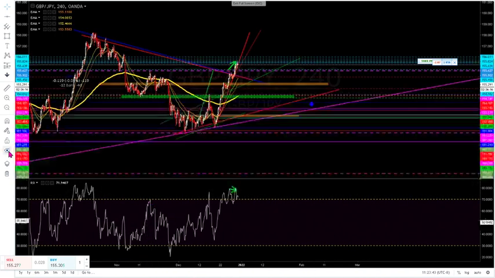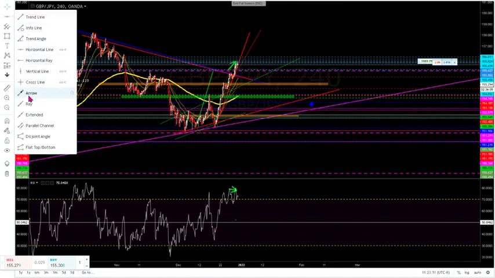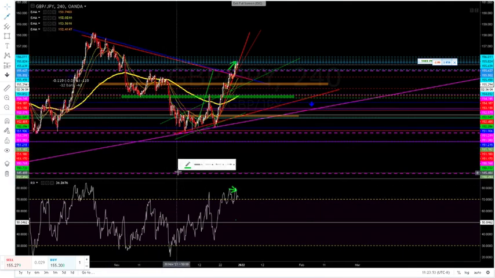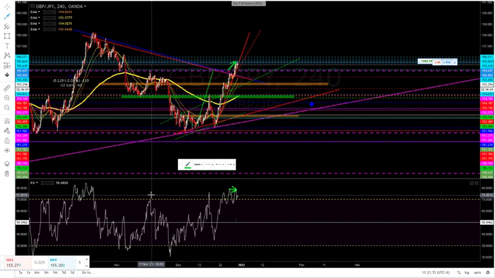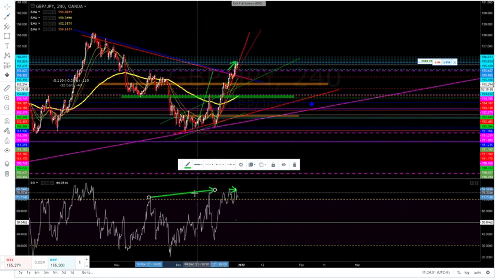Let me see if I have this marked up already. No, I don't. Let me mark this up. The arrows I use for the hidden divergence are this right here.